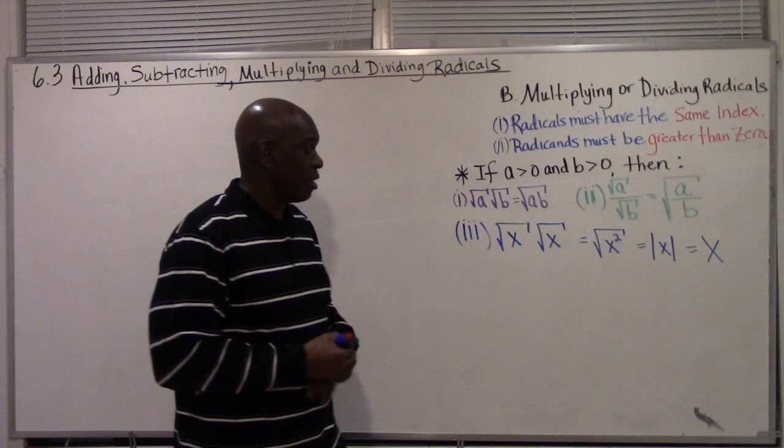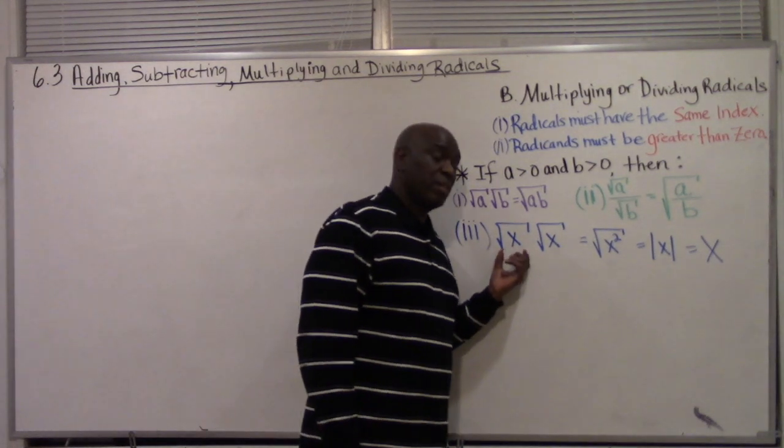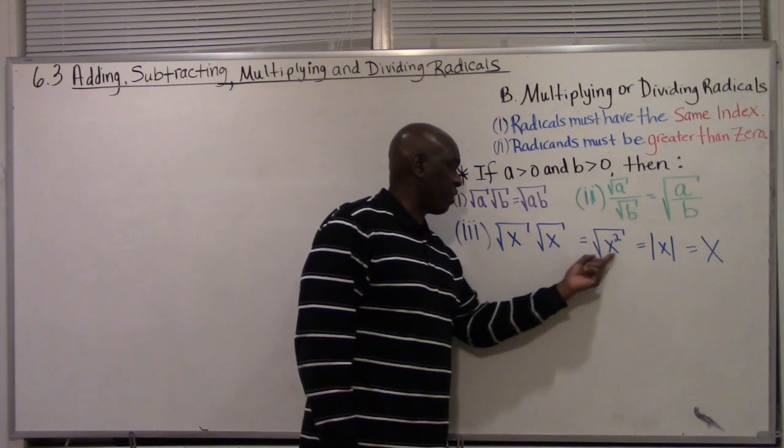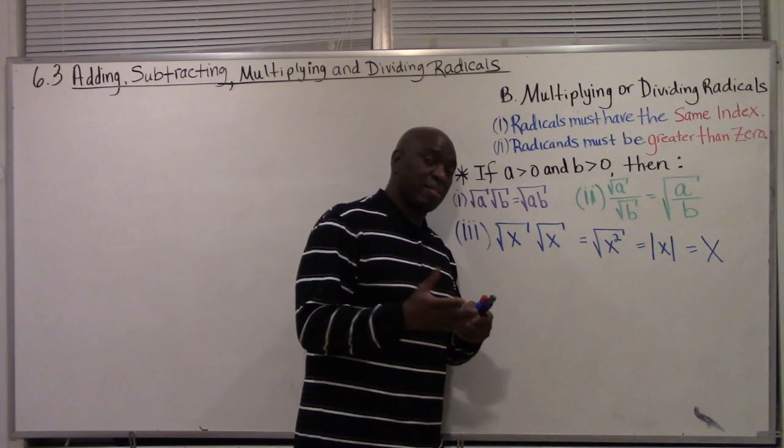There we go. So the square root of x times the square root of x equals the square root of x squared. Well, why is that?